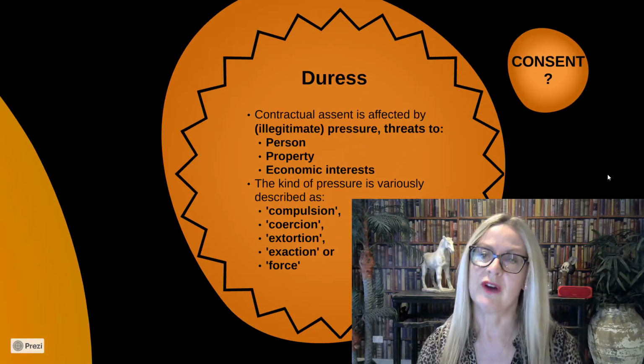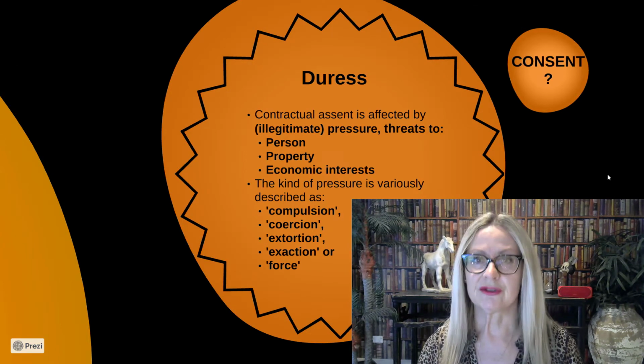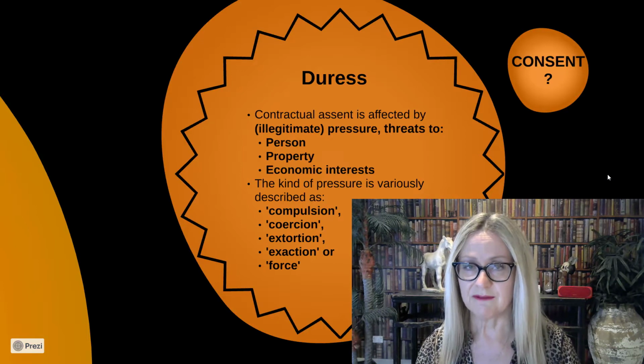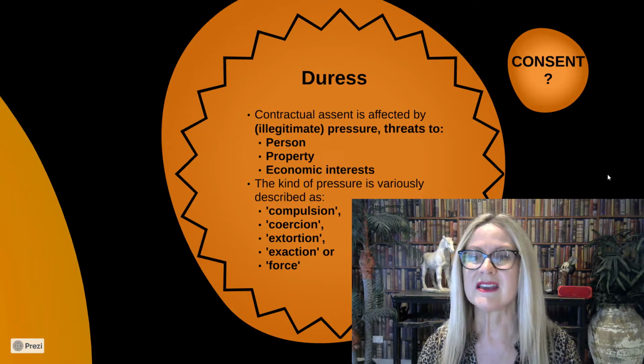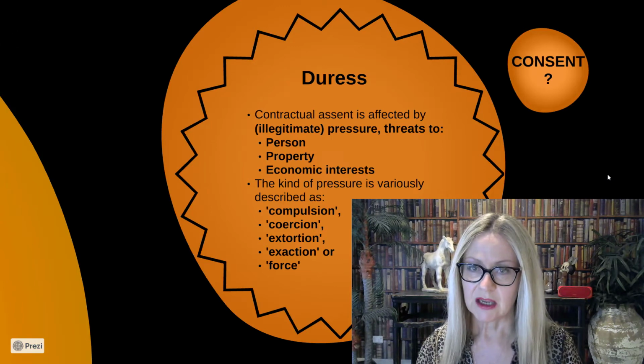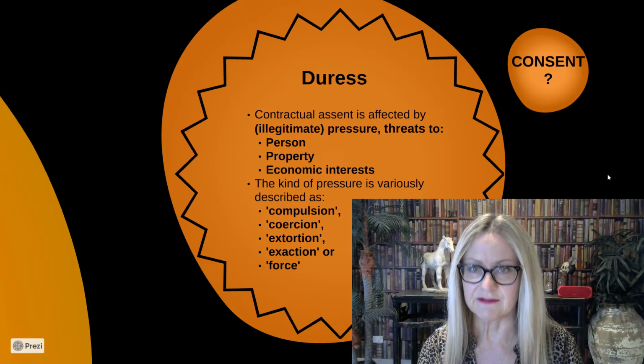So duress is a common law action, so that's the first thing that you need to note. It's not a creature of equity, and so it demands a very high level of improper action on the part of the dominant party in order to taint the contract with this vitiating factor.